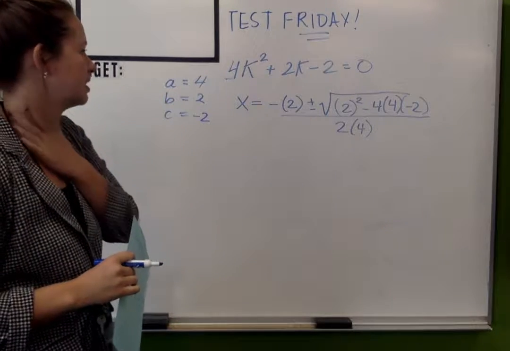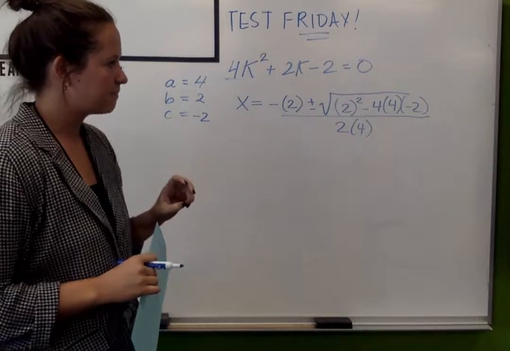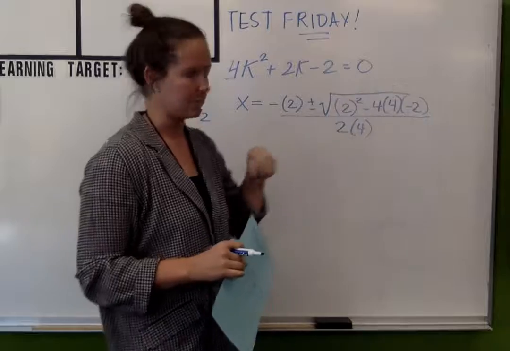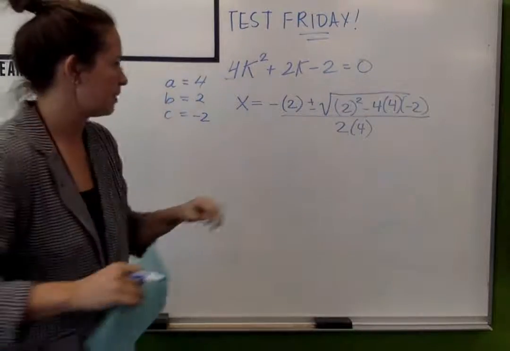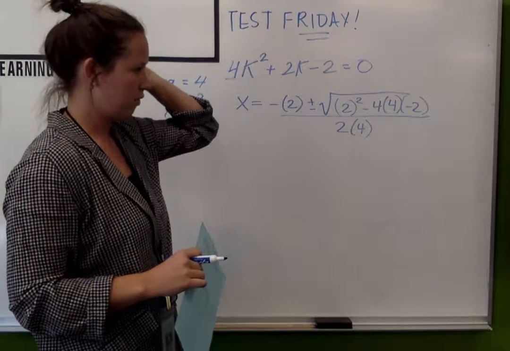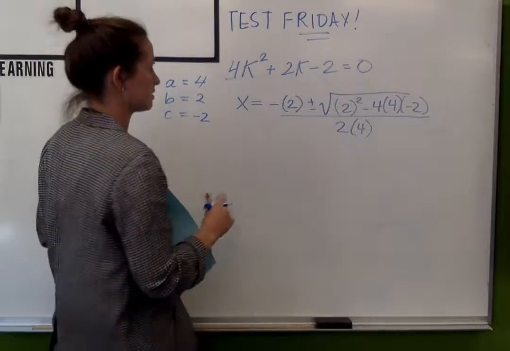There it is. Hopefully you remember where you start. So once you have this all written down, you start on the inside of the square root with this little discriminant piece. So I type in 2 squared minus 4 times negative 2 into my calculator. 4 plus 32, and you get 36.